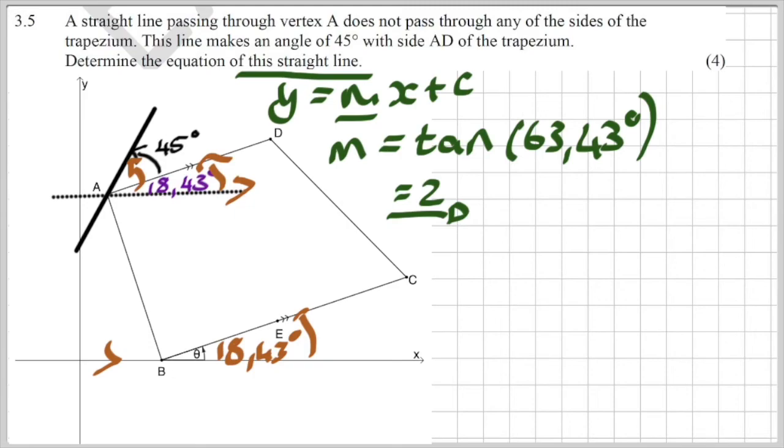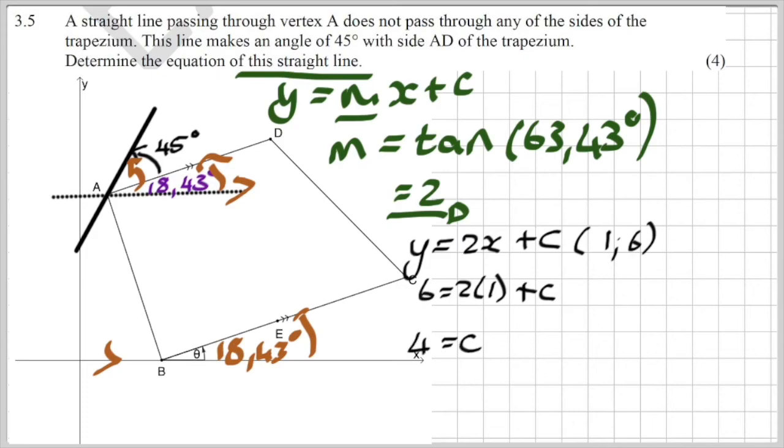All that I need now is another set of coordinates. Do I have a set of coordinates on that line? I do. I have the coordinates (1, 6). That is A's coordinates. So I'm going to substitute that in, and I calculate c to be equal to 4, which means my equation is y equals 2x plus 4.